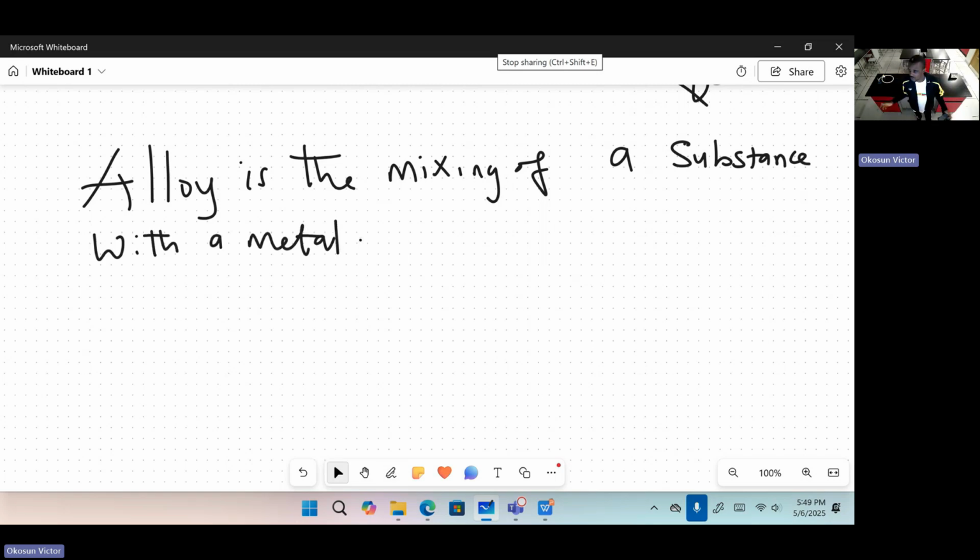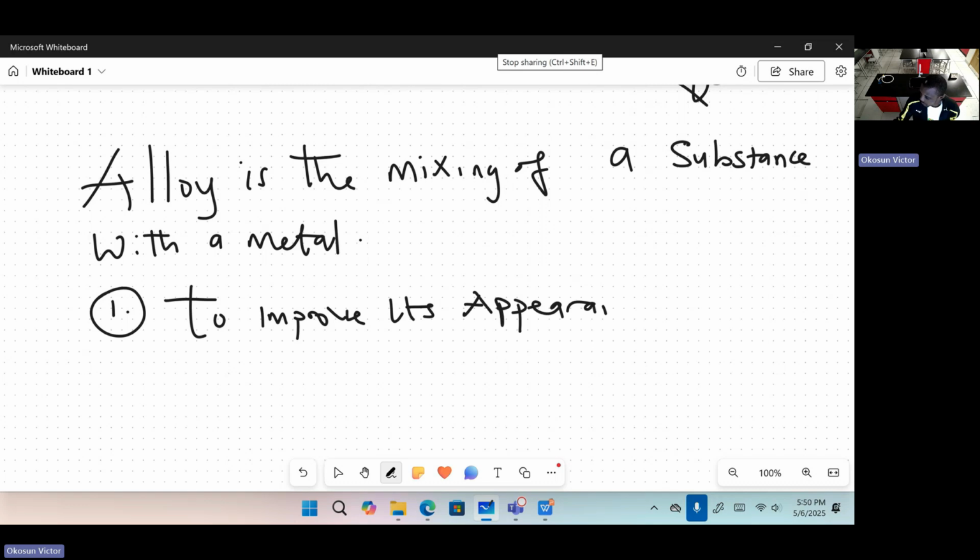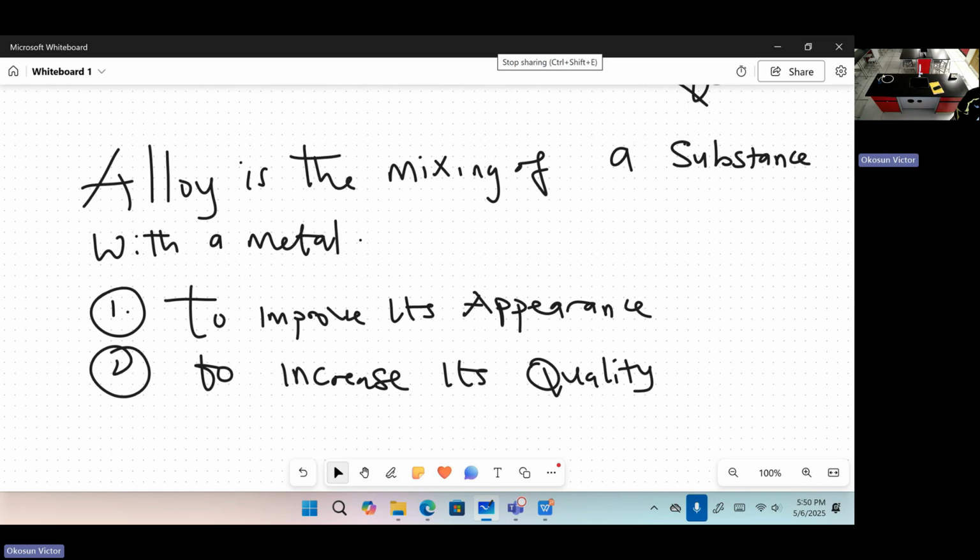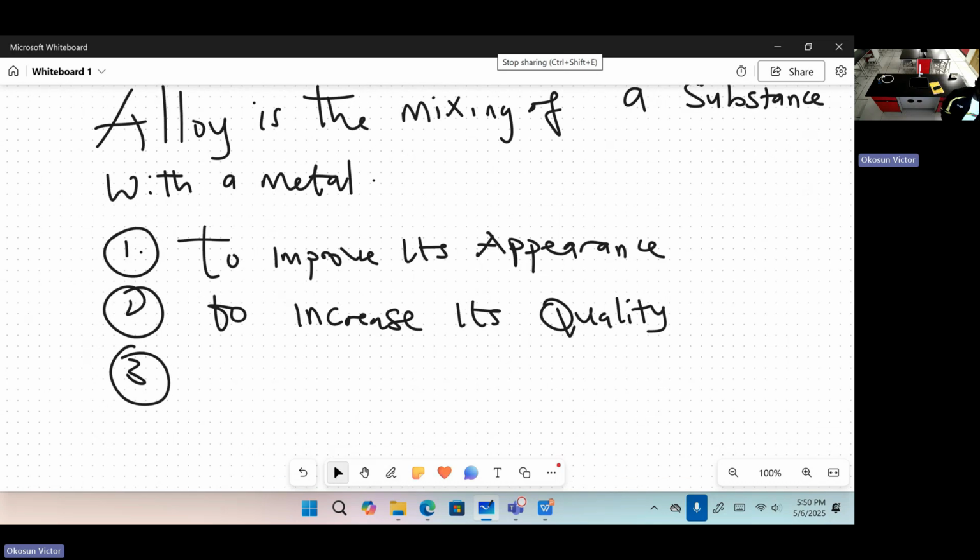Now, why do we mix substance with a metal? Number one, to improve its appearance. Number two, to increase its quality. Number three, to prevent corrosion. So this is the reason why we do alloy. Some people do alloy not for this reason, but to cheat.